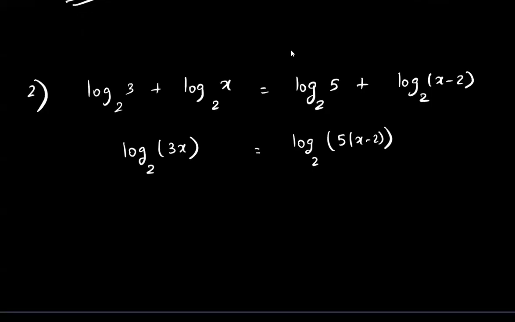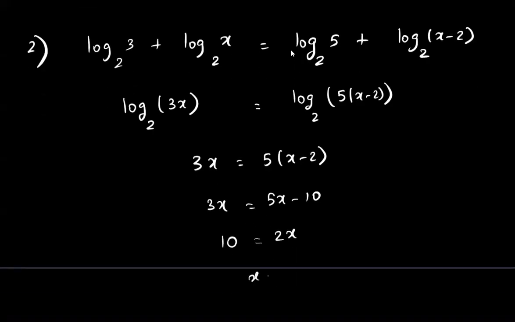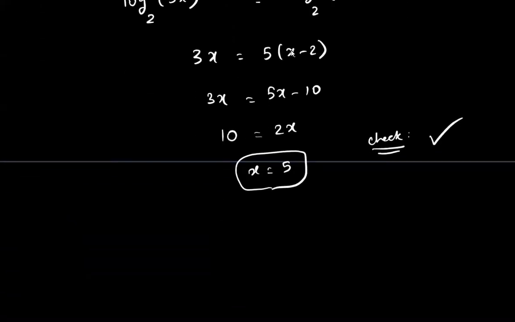Then, since I have one single log on the left and one single log on the right with the same base, I can just let them be and write this. Distribute, combine like terms, solve. I check. It looks like they're all going to match. Okay, works out. So this is fine. All right, next one.